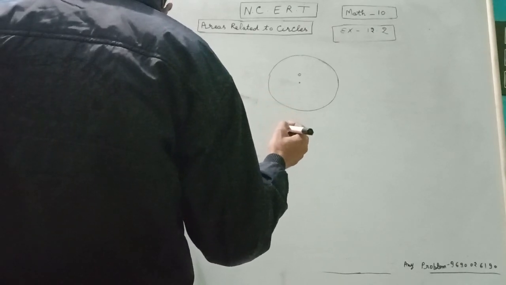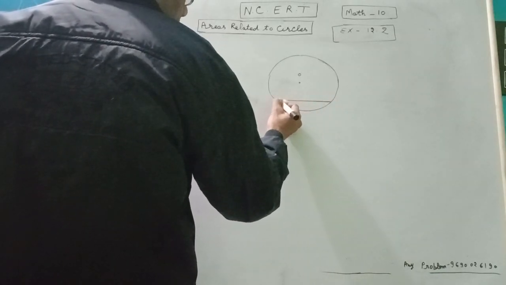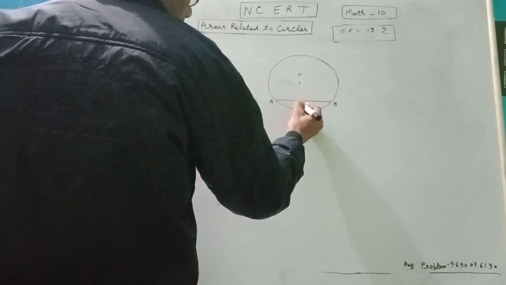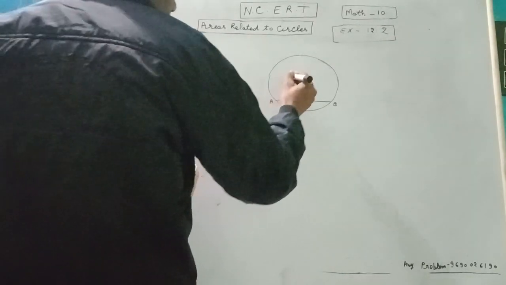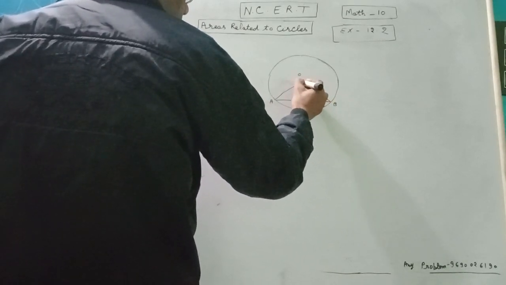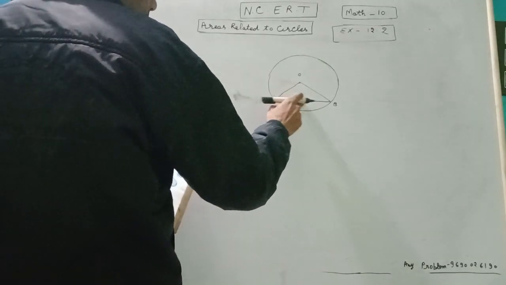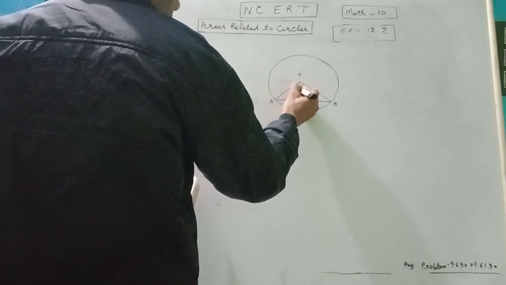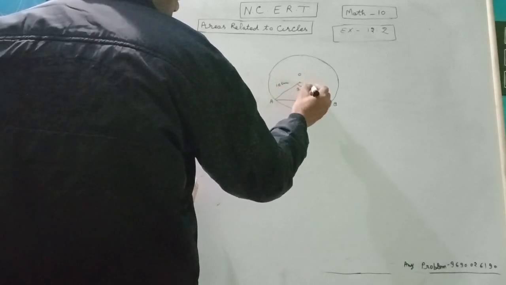A chord of the circle of length 10 cm, AB is the chord, subtends a right angle at the center. The chord subtends an angle of 90 degrees at the center, and the radius is 10 cm.